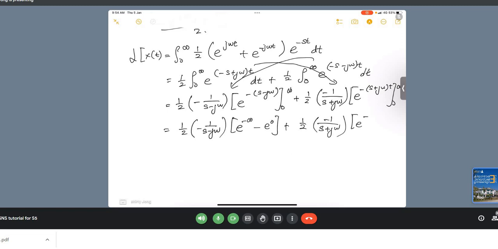And then this one is negative omega minus 0. So this one you get 0, this one also get 0.